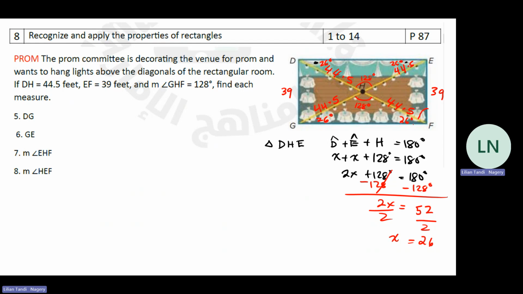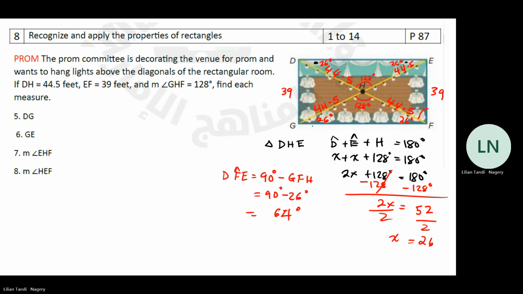To get this angle, I will subtract 26 from 90. So angle DFE is equal to 90 minus angle GFH, so 90 minus 26, which gives me 64 degrees.